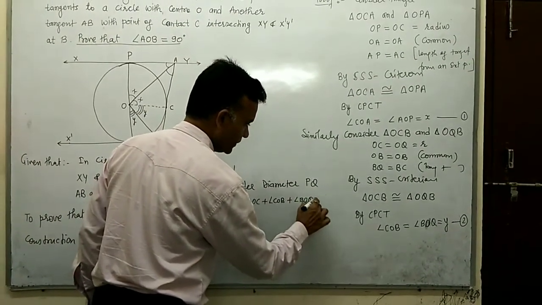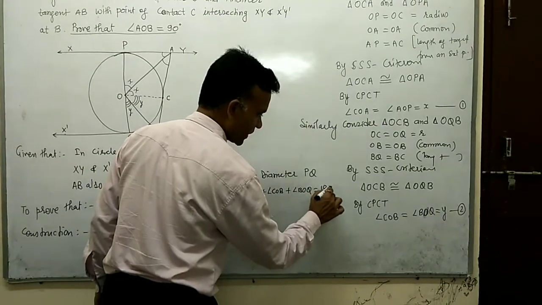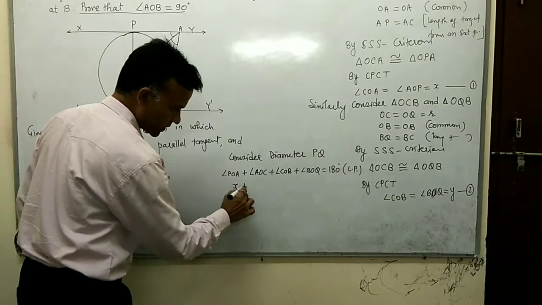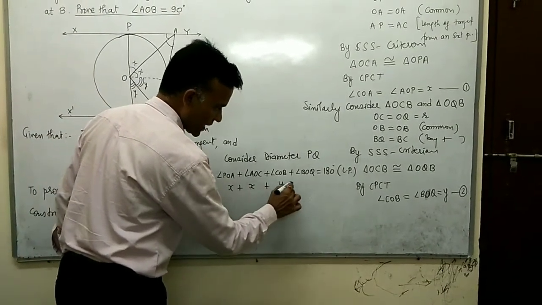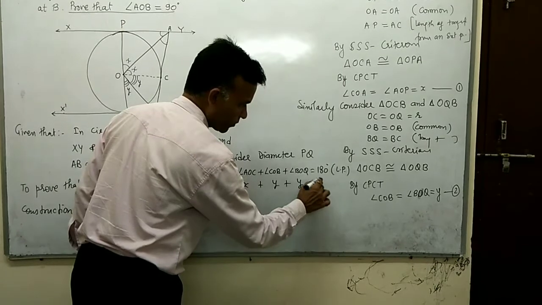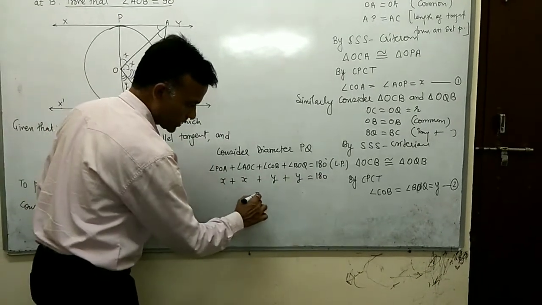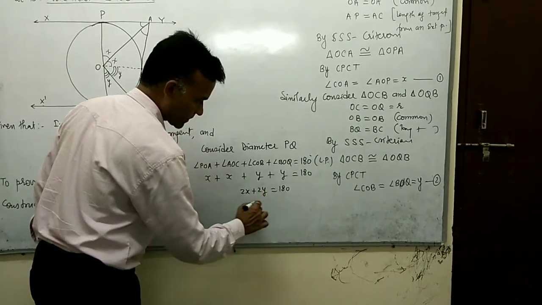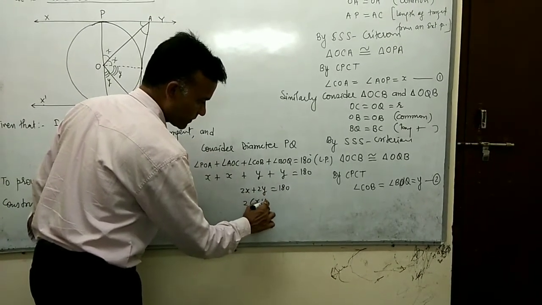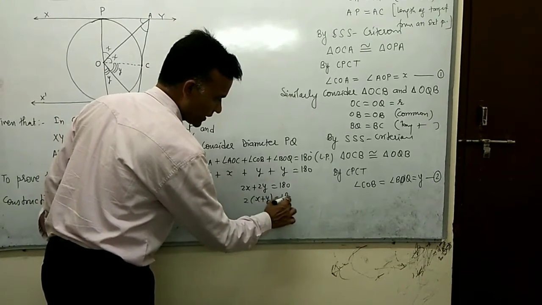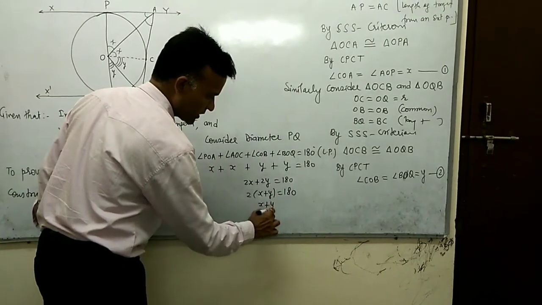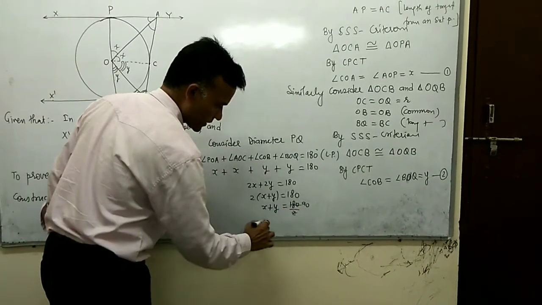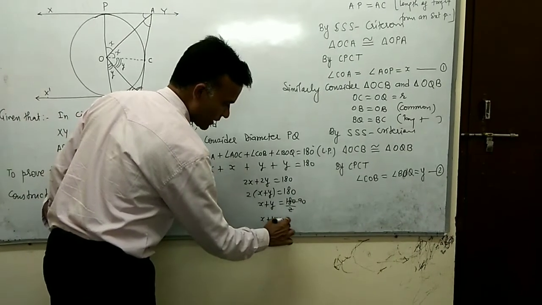This forms a linear pair, and the linear pair sum is 180 degrees. This angle is x, this angle is also x, this angle is y, and this angle is y, from equations 1 and 2. Now 2x plus 2y equals 180 degrees. 2 is common, then x plus y equals 180 by 2, that is 90 degrees. So x plus y equals 90 degrees.